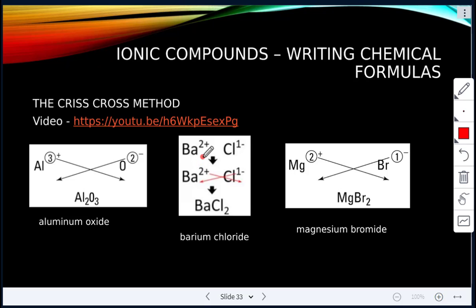Barium has a 2+ charge, and chlorine has that 1 minus charge. So crisscross, the 2 moves down as a subscript for chlorine. The 1 is a subscript for barium, but again, we don't show that 1. I'm looking here at magnesium. So magnesium had a 2 plus charge, bromine has a 1 minus charge, so crisscross. That gives us Mg with the Br2. And it's called magnesium bromide.